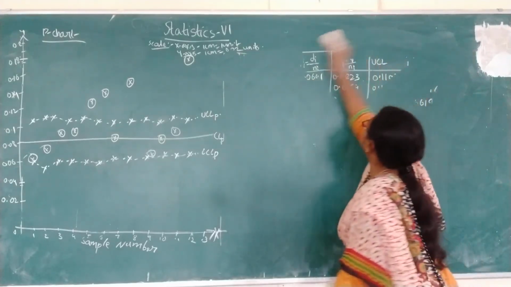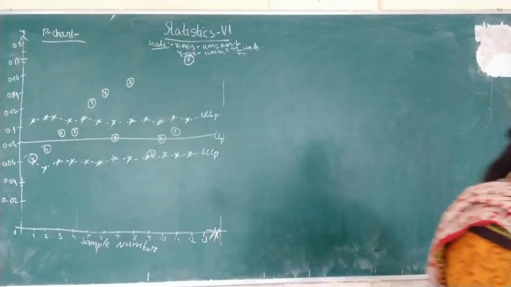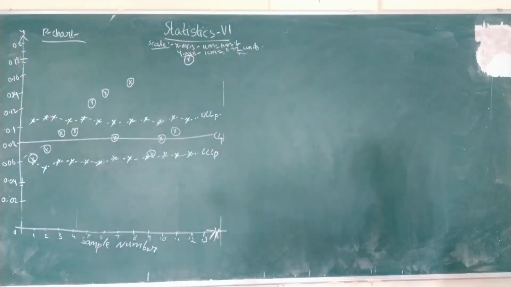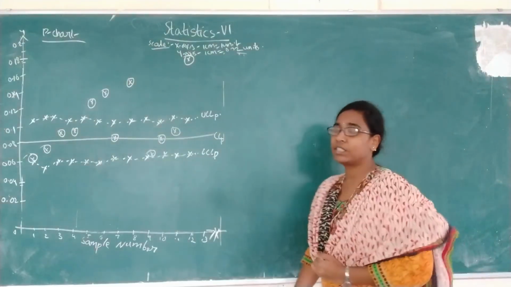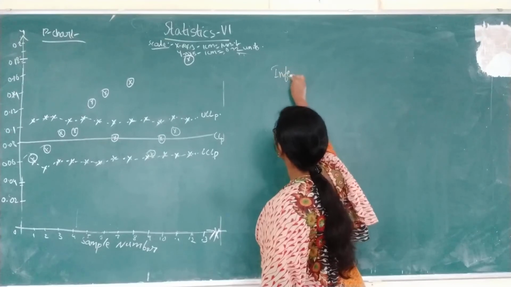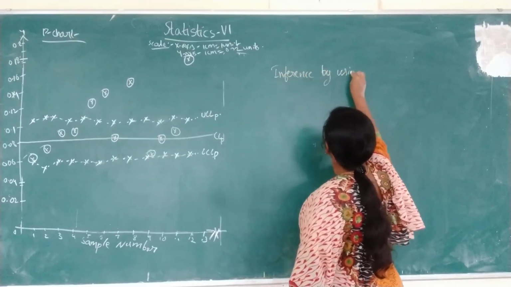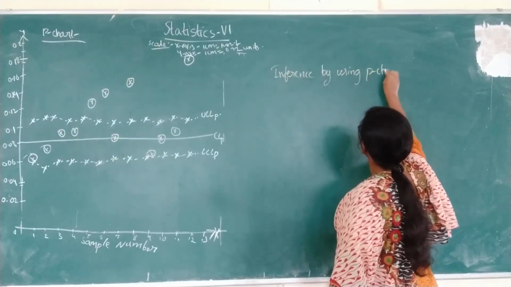So write the conclusion, that is, write the inference for the given chart. Inference by using the P chart is what we got here.